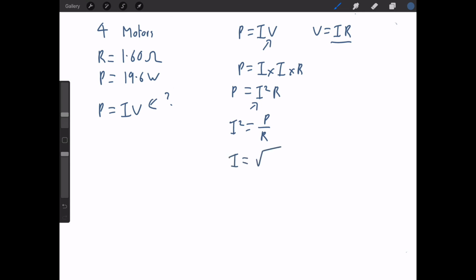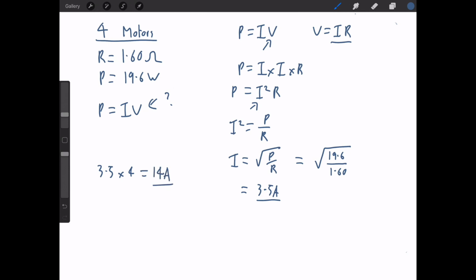I is going to be the square root of P over R. So plug your numbers in, that gives me root, the power is 19.6 standard units, divided by the resistance 1.60, in standard units, and that gives you 3.5 amps. But that's not the answer, because there are 4 motors, so I need to do 3.5 times 4, which gives me 14 amps in total.